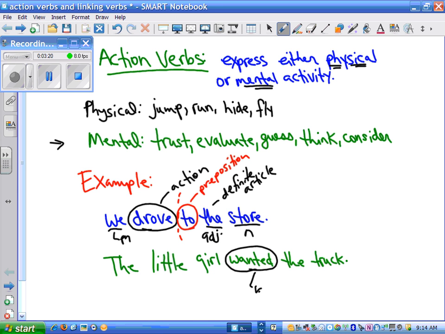And just to review some of the parts of speech for the other words, girl, of course, is a noun. We have two adjectives that help to describe that noun, little and the. And on the other side of the sentence, we have our noun truck and the adjective the, or article.